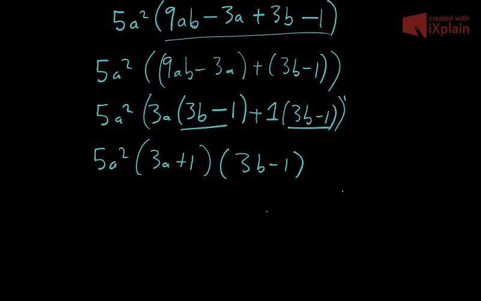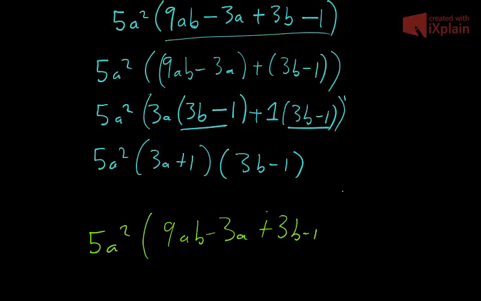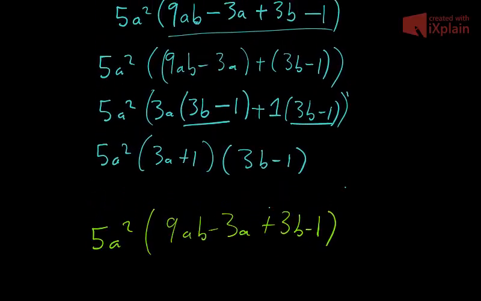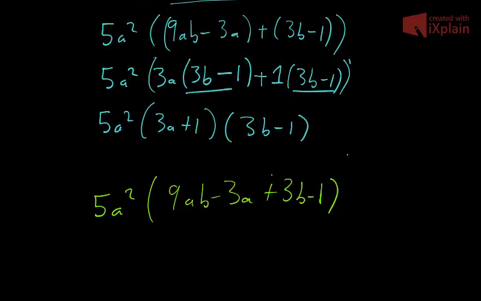So I had 5a squared times 9ab minus 3a plus 3b minus 1. And if I rearranged this middle part here, I could have had 9ab plus 3b minus 3a minus 1, and then I could have grouped them like that.